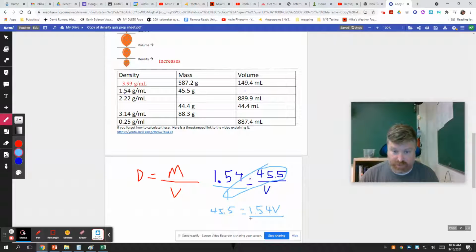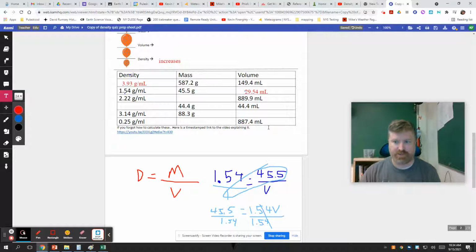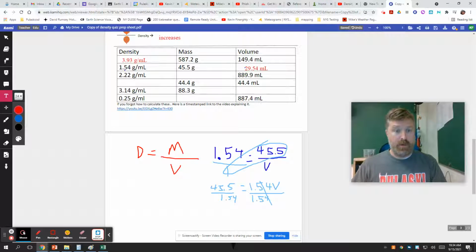Divide whatever's next to the variable to cancel it off both sides, over 1.54 over 1.54, and that's it. Job done. Grab a calculator, 45.5 divided by 1.54, and your calculator is going to tell you it's 29.54. Your brain's going to tell you milliliters. Again, my big concern is the numbers today. Don't sweat the label so much if we're still figuring out the numbers.